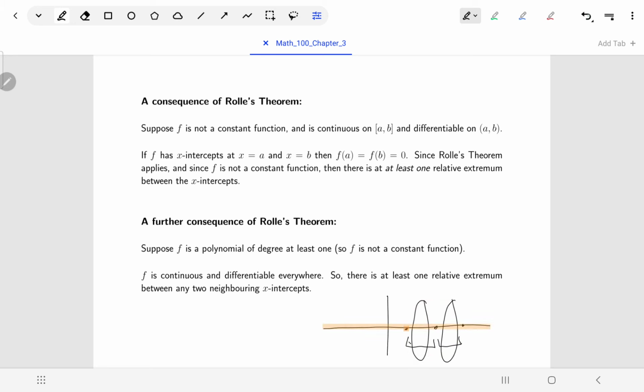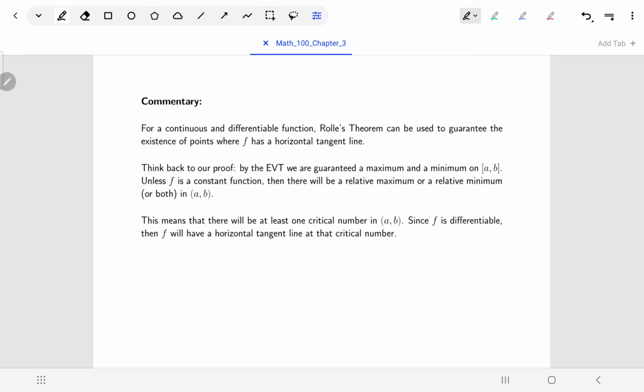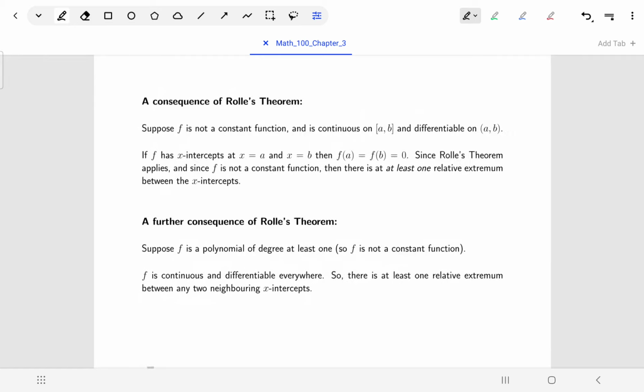And you could say more generally, if you had n x-intercepts, you'll have at least n minus 1 relative extrema. So if you had a polynomial with 10 x-intercepts, then you're going to have at least 9 relative extrema. And that's all courtesy of Rolle's theorem.